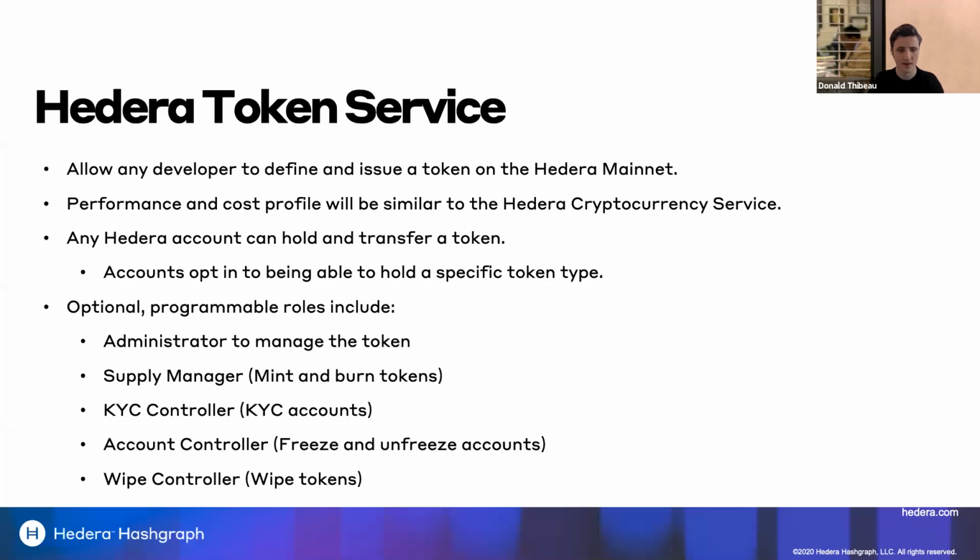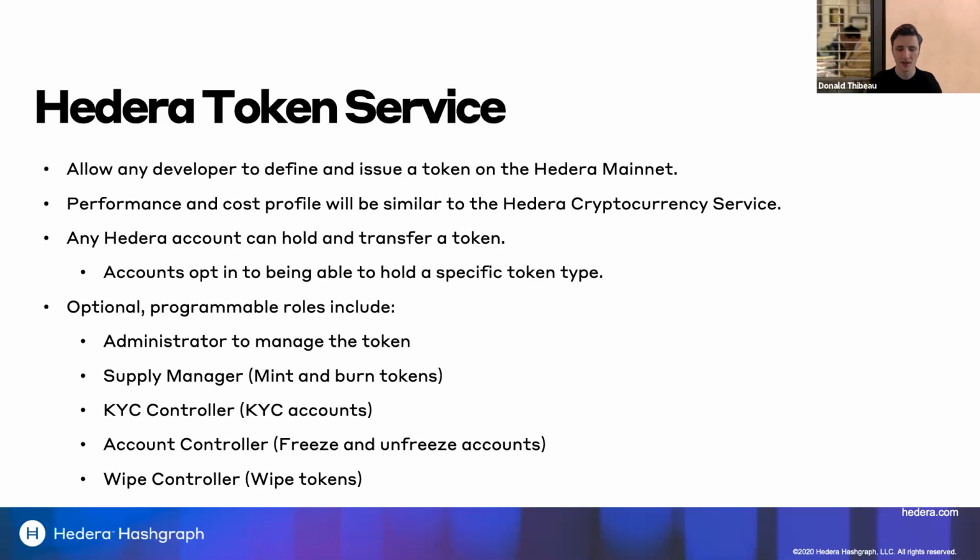Now, in addition to that basic token definition, we allow developers to specify a set of programmable roles and behaviors that outline what that token actually does and who can control different behaviors for that token type.